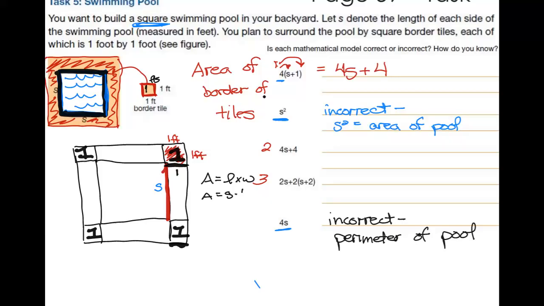S times 1 is going to be S. So this has an area of S feet squared. S feet squared, S feet squared.